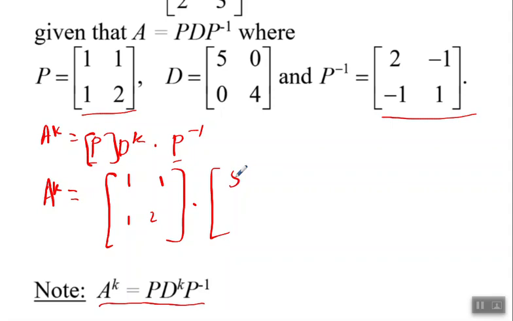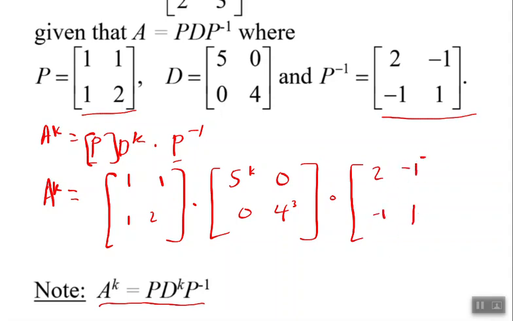And then maybe we'll come back and let k equal something simple like 3, and we can check our math on the calculator. To find the inverse of this 2 by 2 is pretty easy because the determinant is 2 minus 1, or 1. So all we have to do is switch the 2 and the 1 and negate the 1s.